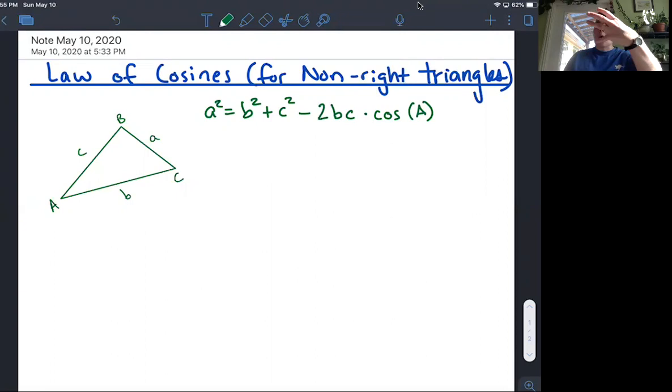Or I should say that's one form of the law of cosines. This has the side A isolated. So if we're trying to solve for side A, it's already isolated. What if I wanted to have side B isolated?